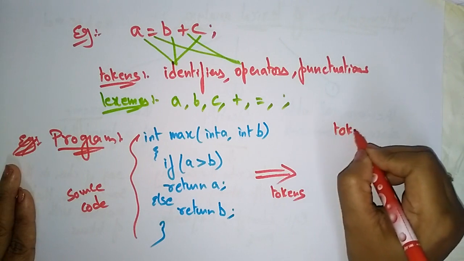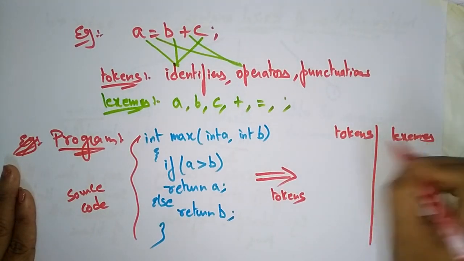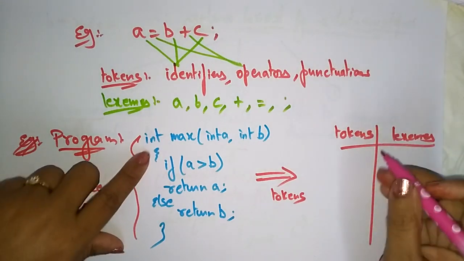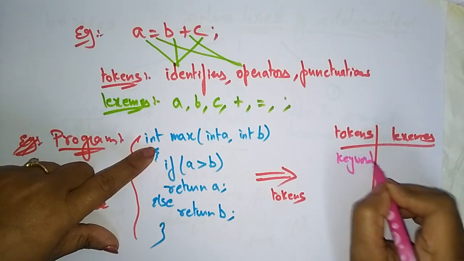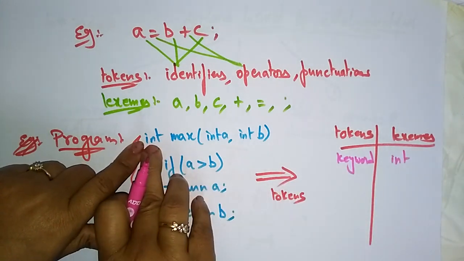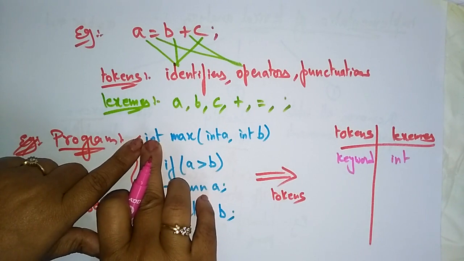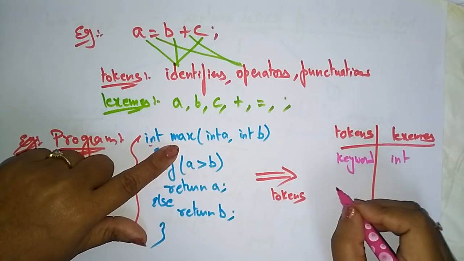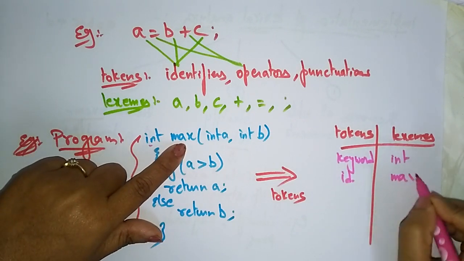Let's see what the tokens are here. The token is keyword. What is the keyword here? int. So that is a lexeme. This is a keyword, and the lexeme is what matches the pattern of the token, that is, int is a lexeme. Next is max. Max is an identifier.